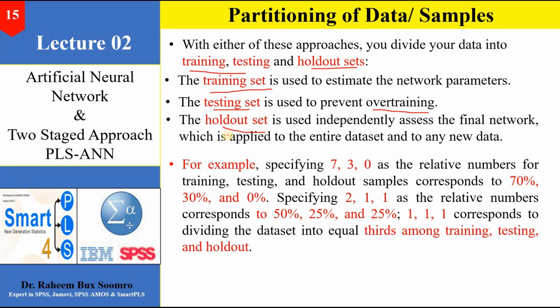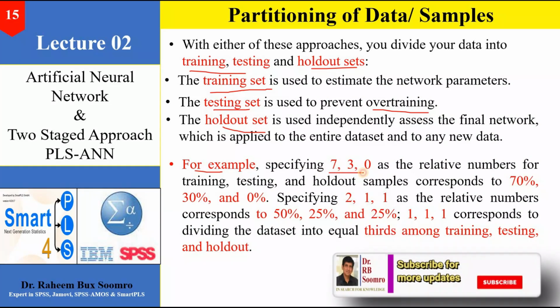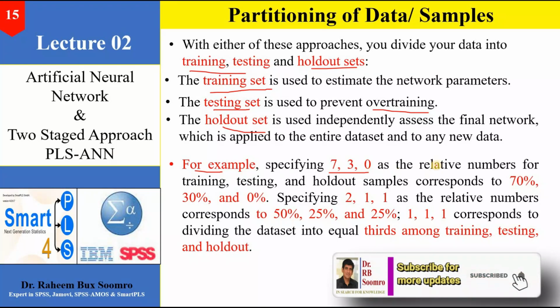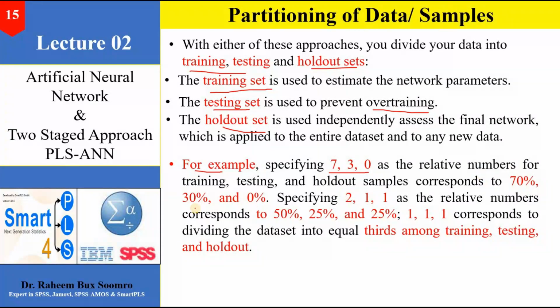Okay, so now these are the three partitions of your data. For example, specifying 3:7:0 would be the relative numbers for the training, testing, and holdout samples. That means 70% we will allocate to the training, 30% to the testing, and zero to the holdout stage.